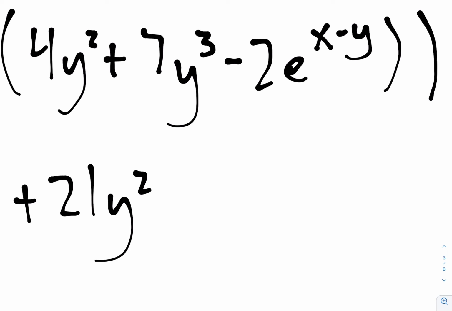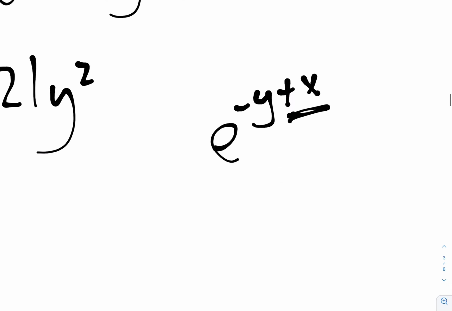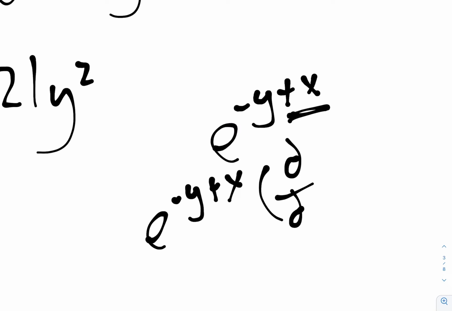So this one's a little different. Now we have e to the power of x minus y. This is the same as e to the power of -y plus x. So x is a constant now. By the chain rule, this is going to be e to the -y plus x times the derivative of -y plus a constant.